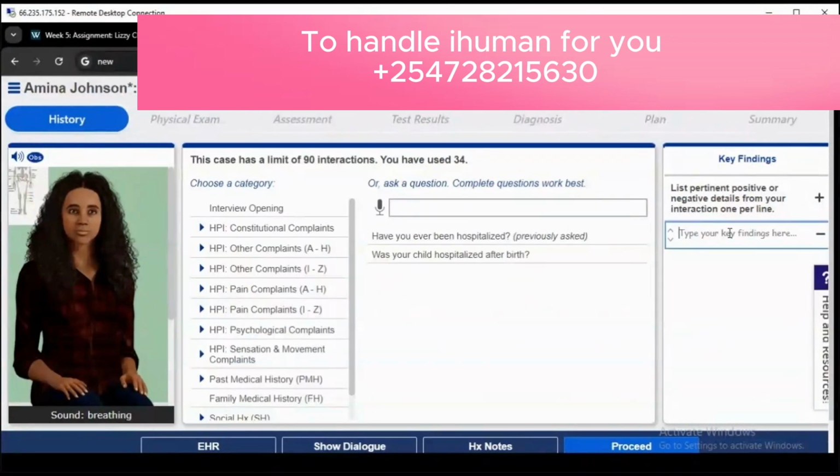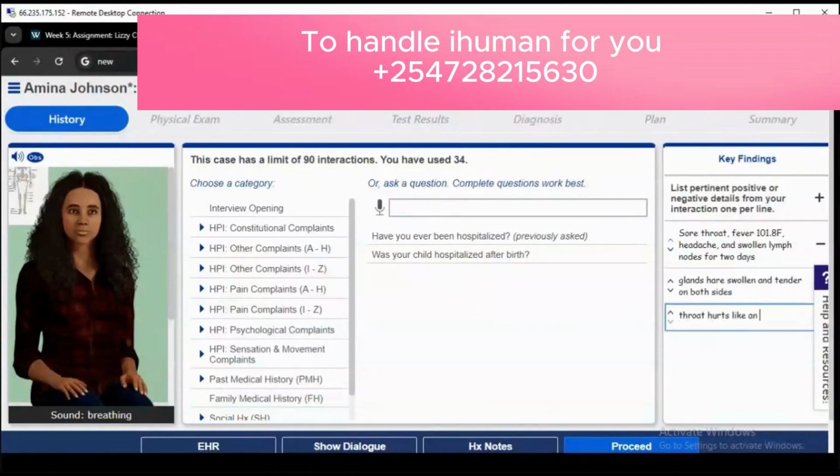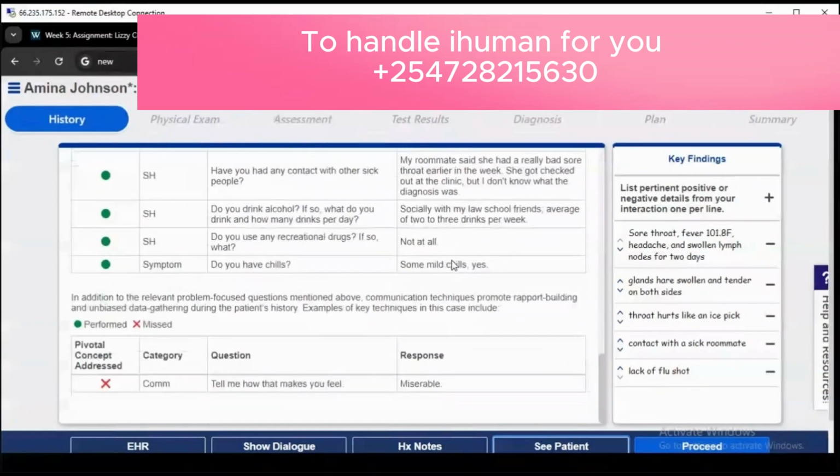Now the next part is always that you're supposed to list your key findings, which come from the patient's response. Once you're done with that, or before proceeding, you get feedback from the system regarding the patient's health history.